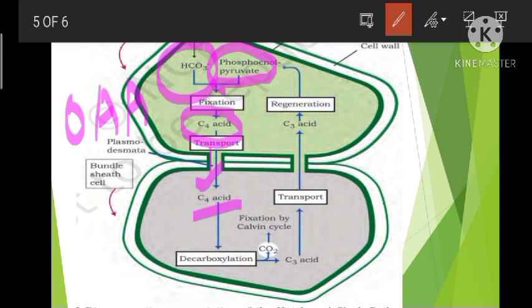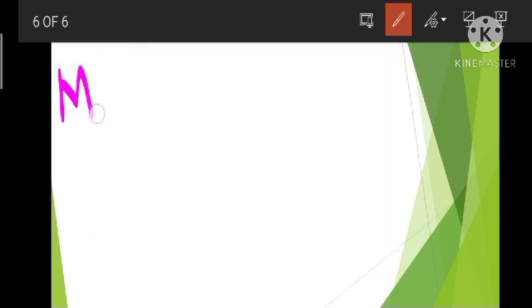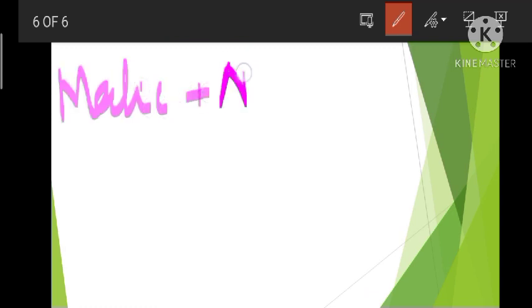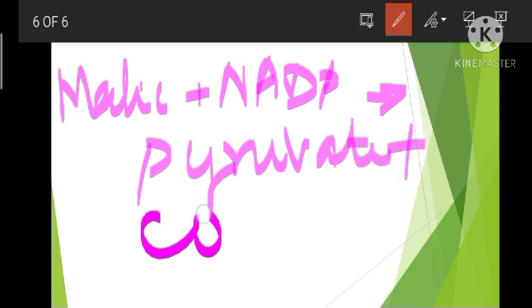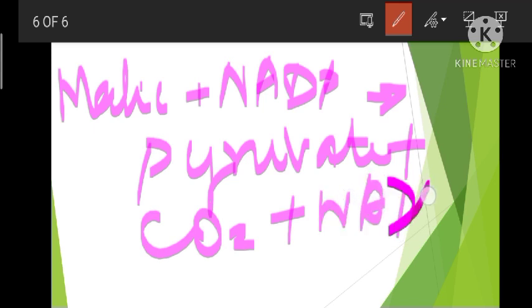So malic acid plus NADP, with the malic enzyme, gives pyruvate plus CO2 plus NADPH.